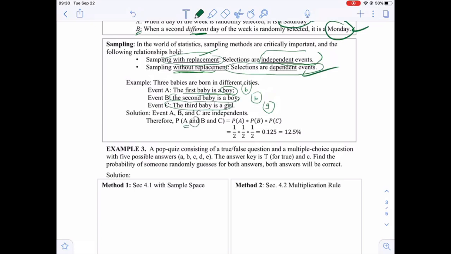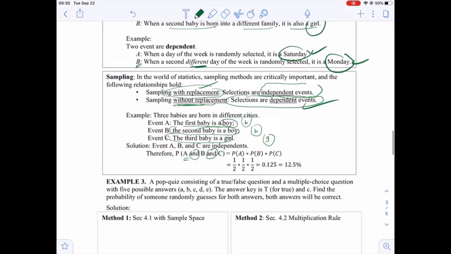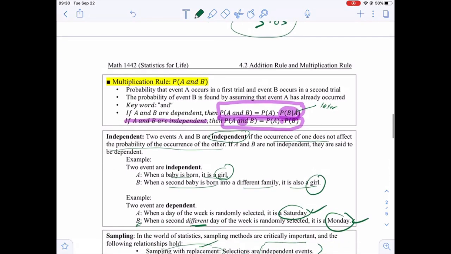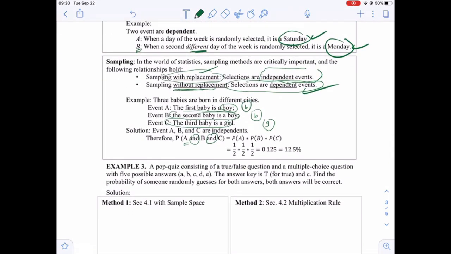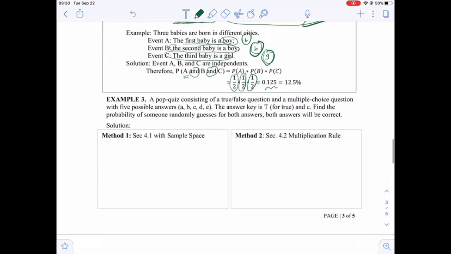So probability of A and B and C. Since they are independent events, we need to apply this rule. We just multiply the probabilities. Probability of getting a boy is 1/2, because we may get boy or a girl, so 1/2 for boy, and for the second one 1/2, and for the third one girl is 1/2. So we just multiply them to get the probability of getting boy, boy, girl.